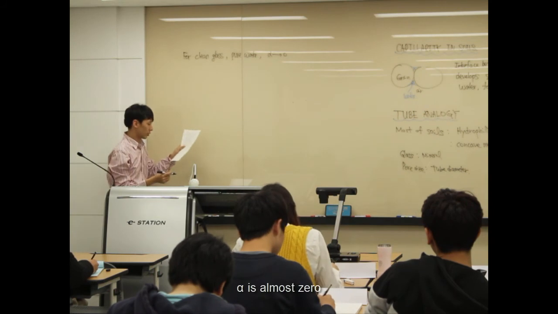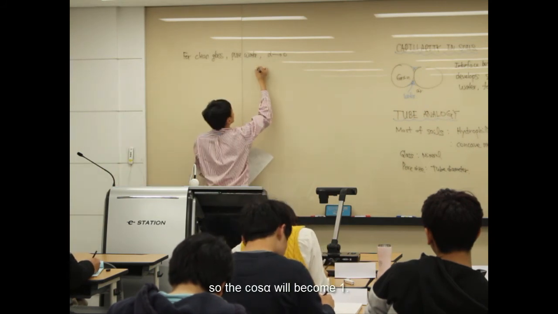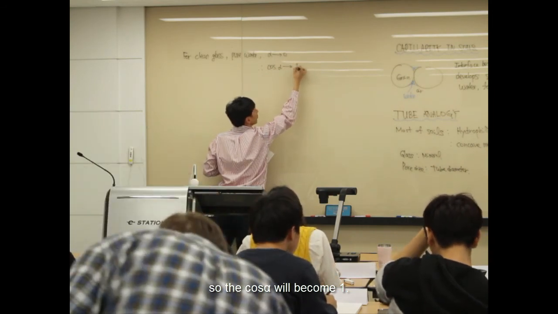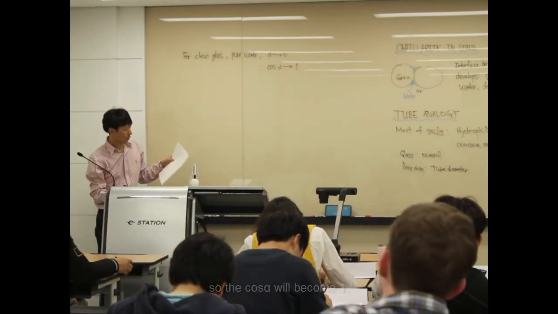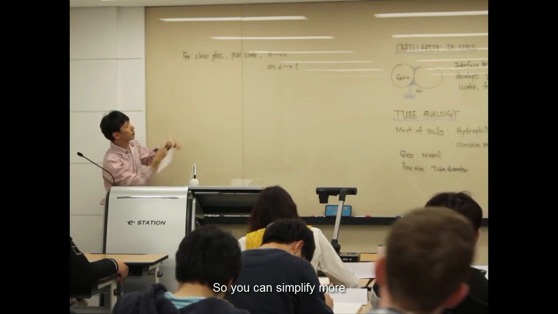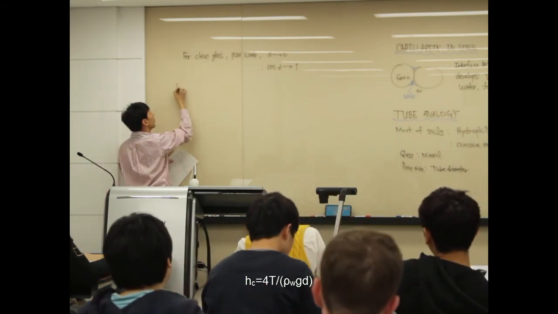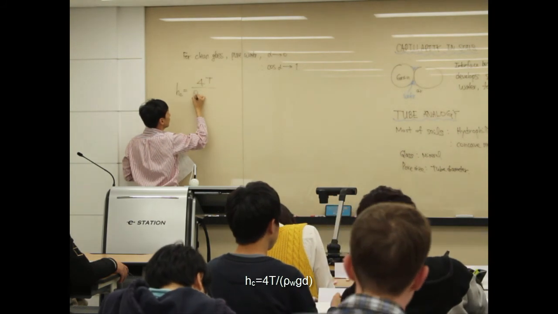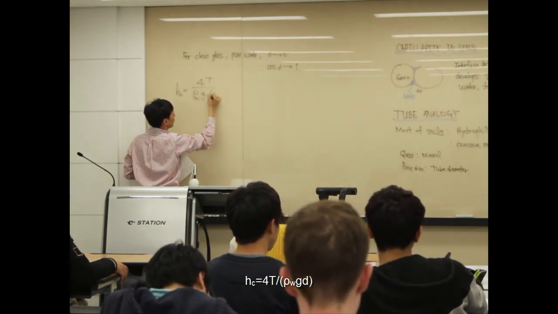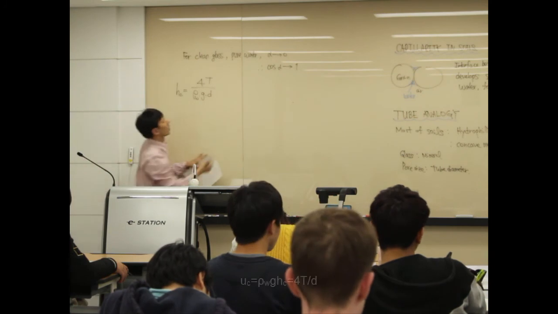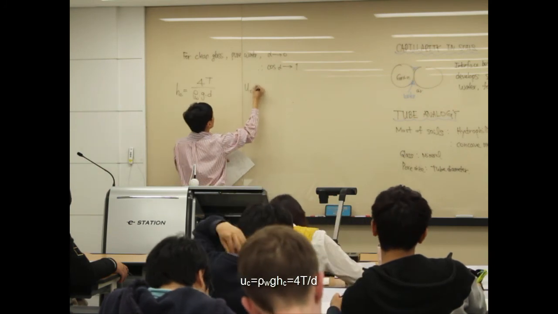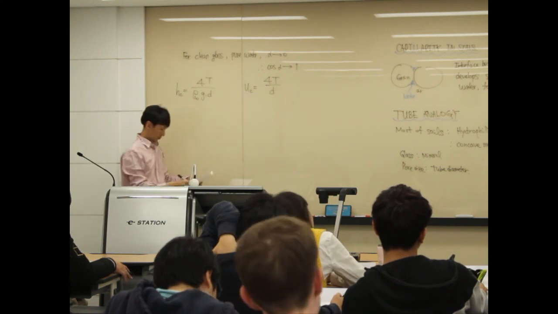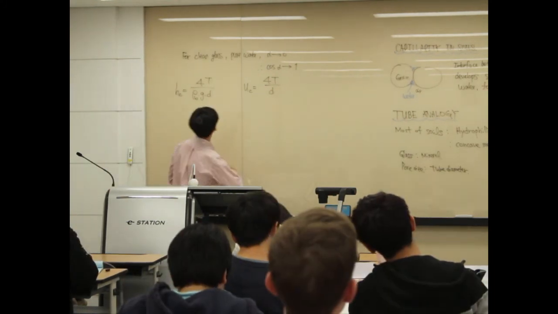Alpha is almost zero, so the cosine alpha will become identical to 1. So you can simplify more. The HC, capillary rise, will be 4T over density times g times D, and capillary pressure will just be 4T over D.